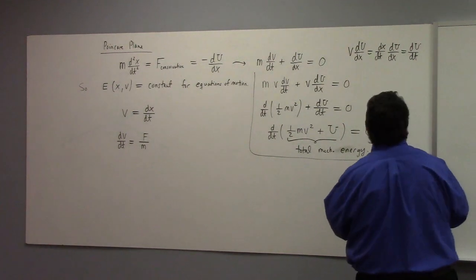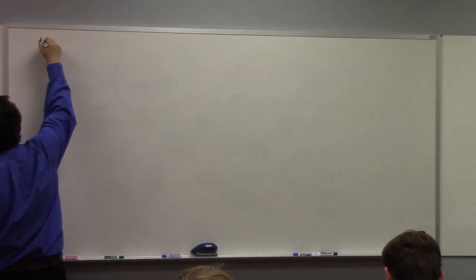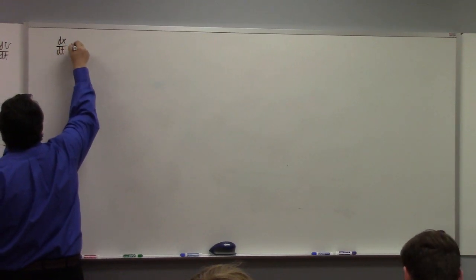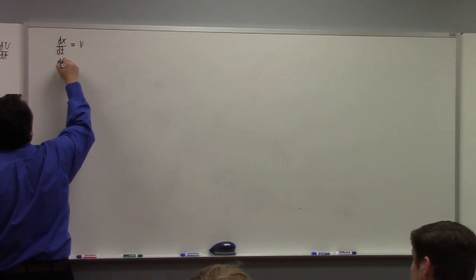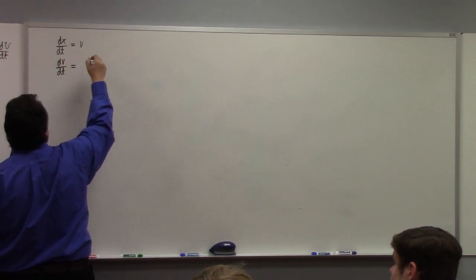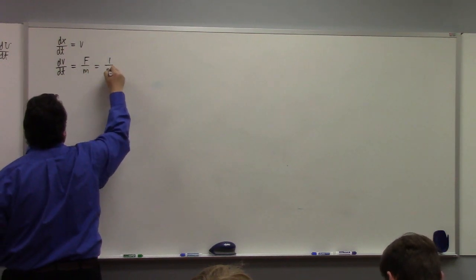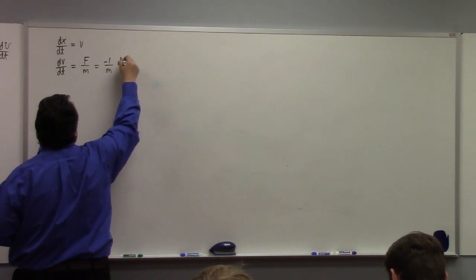We have dx dt equals v, and dv dt is equal to F over m, which is, by the way, the same as minus 1 over m times du dx, right?